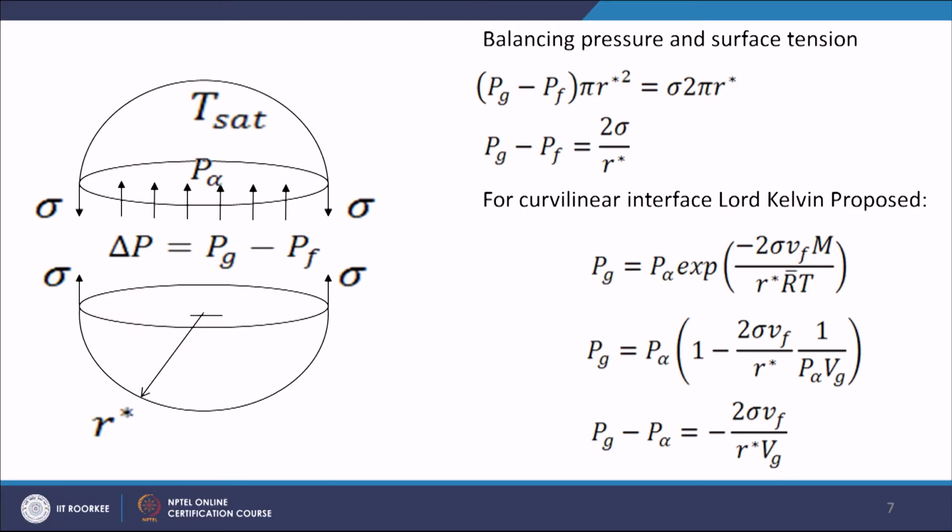R star is nothing but the radius of the bubble, and r bar is the universal gas constant, into T.